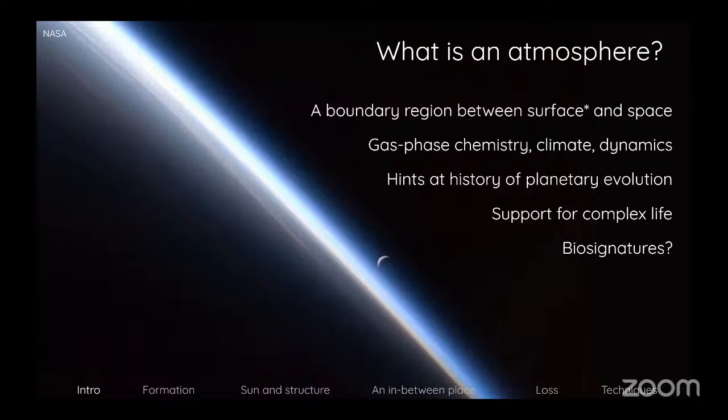There's chemistry, there's climate, weather, dynamics, and we can also use atmospheres to study planetary evolution, although it may not be obvious how. I'll get into that a little bit later. Of course, atmospheres, we think, are probably also necessary for complex life to evolve. That's us. And we might even be able to use them to detect biosignatures or signs of life on other planets throughout the galaxy.